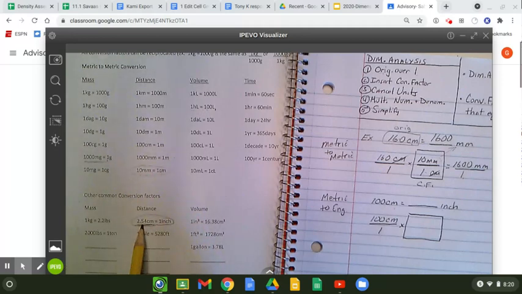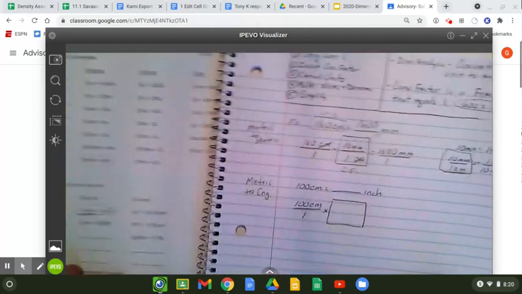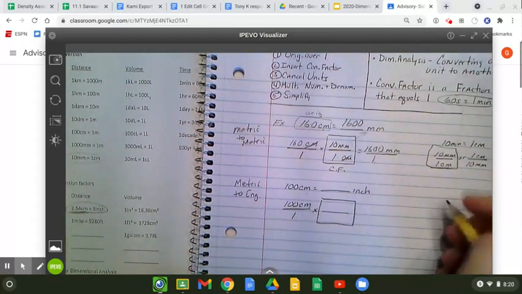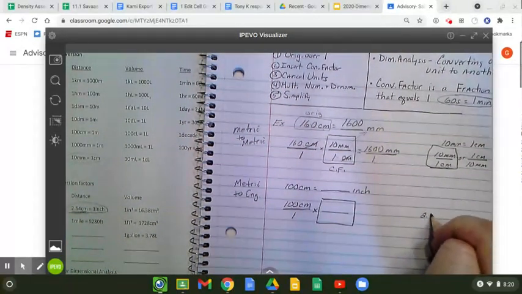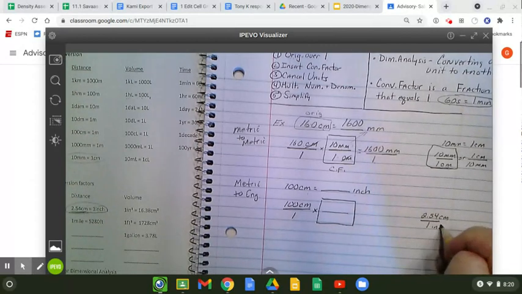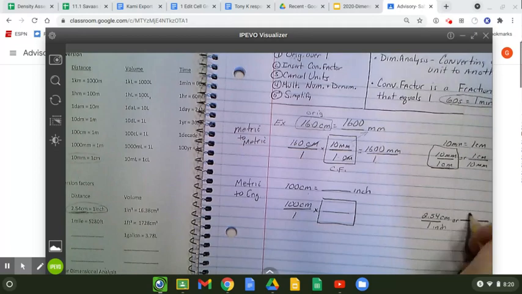Now, don't be hesitant because you see a decimal number here, 2.54. Doesn't matter. I can still write that 2 different ways. I can either write it 2.54 centimeters over 1 inch, or reciprocate it, 1 inch over 2.54 centimeters.